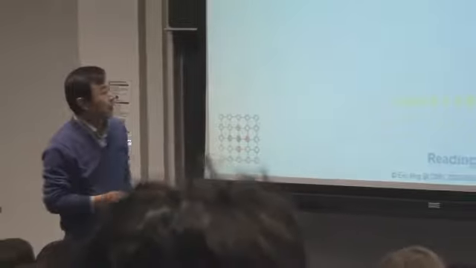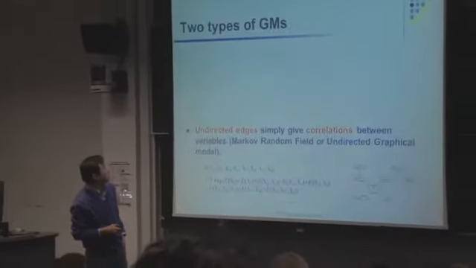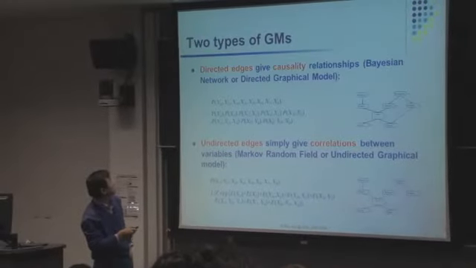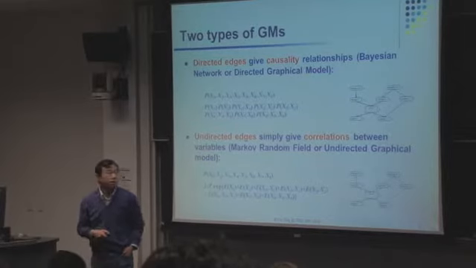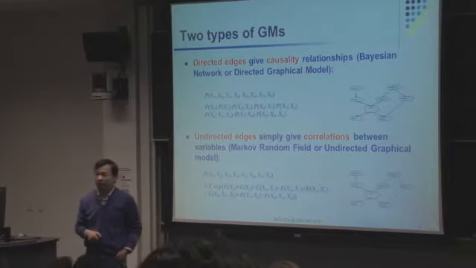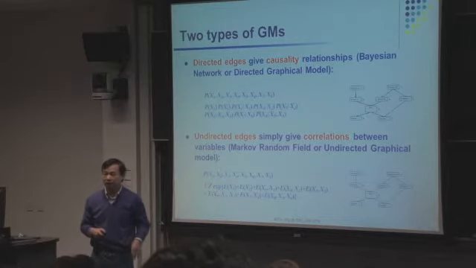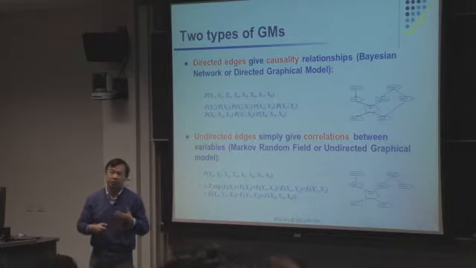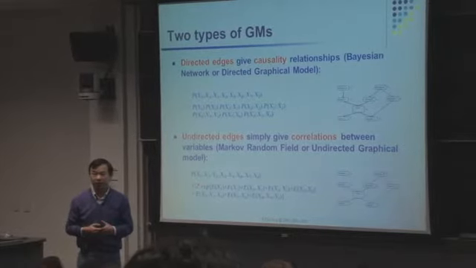Okay, so let's get started. So last lecture, we actually talked about, as we said, there are two types of graphic models. One is a directed graphic model. The other is an undirected graphic model. And in last lecture, we pretty much covered the semantics and the representational formality of directed graphic model.